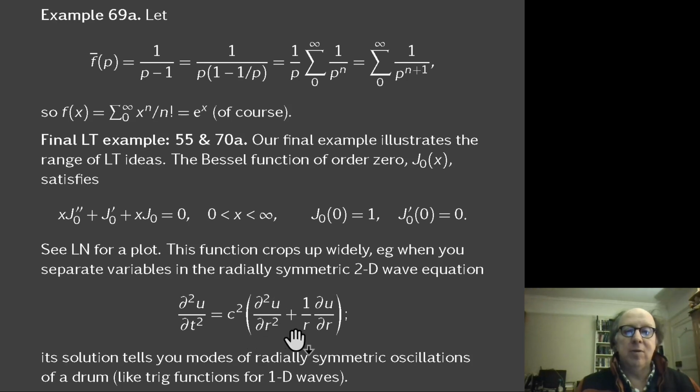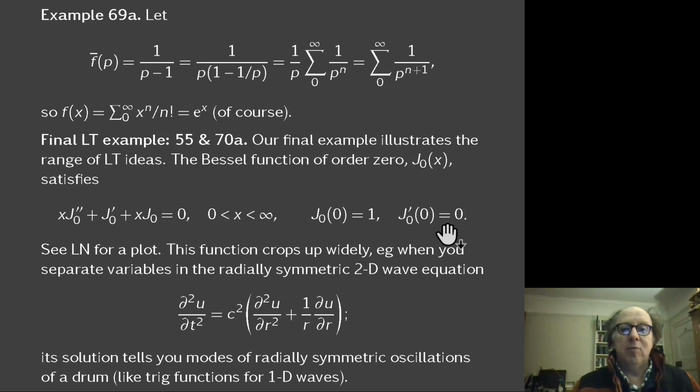But the radially symmetric version of that is d2u by dr squared plus 1 over r du by dr. If you look for time harmonic solutions of this, you will fairly shortly find that you can get to this equation by a simple change of variables. And the roots of J0 tell you the fundamental frequencies of a drum. Anyway, that's all just letting you know that J0 is a very common and important function.